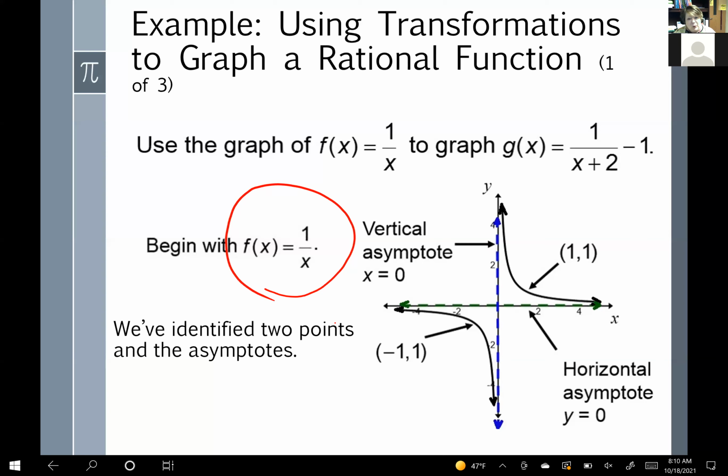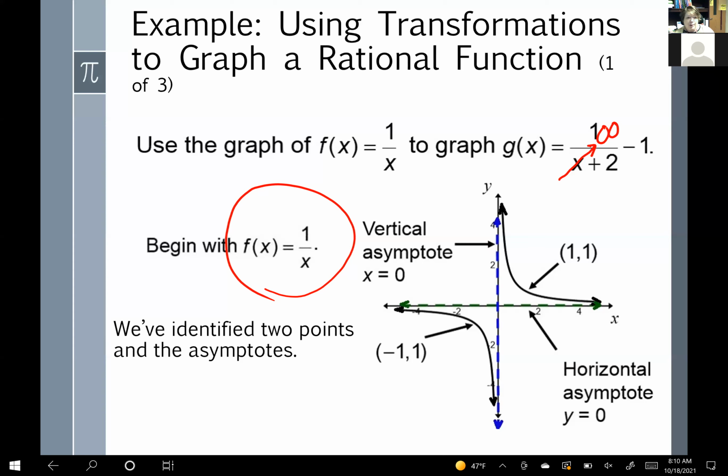It also moves the horizontal asymptote to -1. And that should also make sense to you, because what happens as x increases without bound? As x increases without bound, the denominator of that fraction increases without bound. And 1 over a really big number is about 0. It's approximately 0.